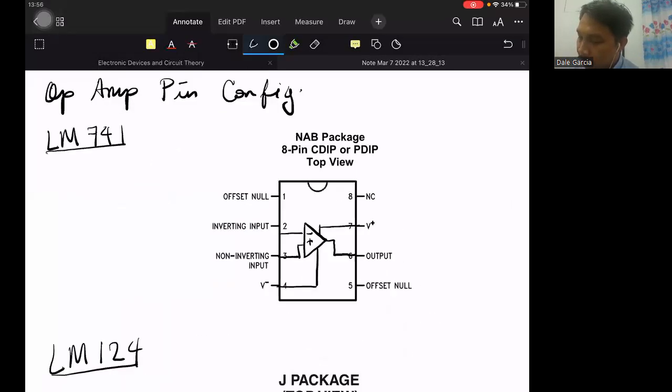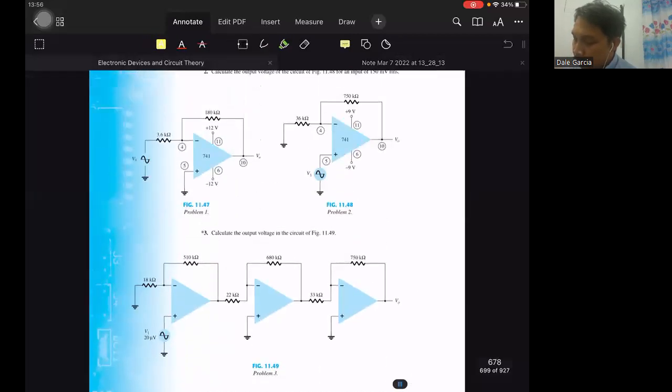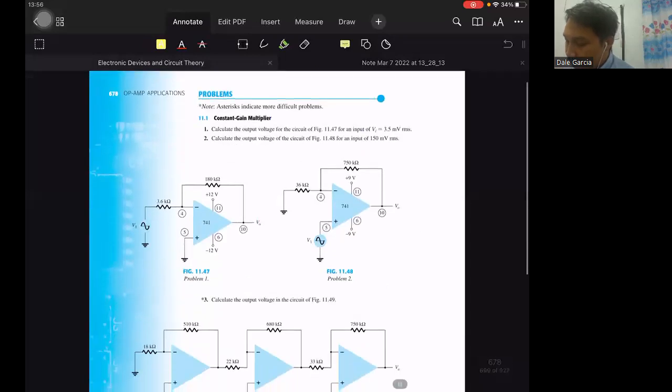So let's try solving some examples, question number 1 and question number 2.